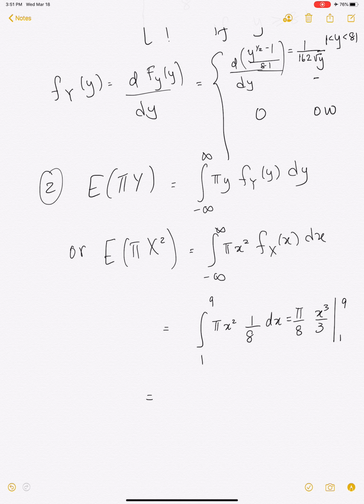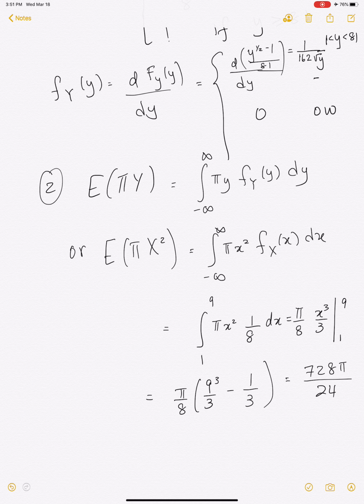All right. So you have pi over 8 times (9 cubed over 3 minus 1/3). 9 cubed is 729, so 728 times pi over 24.